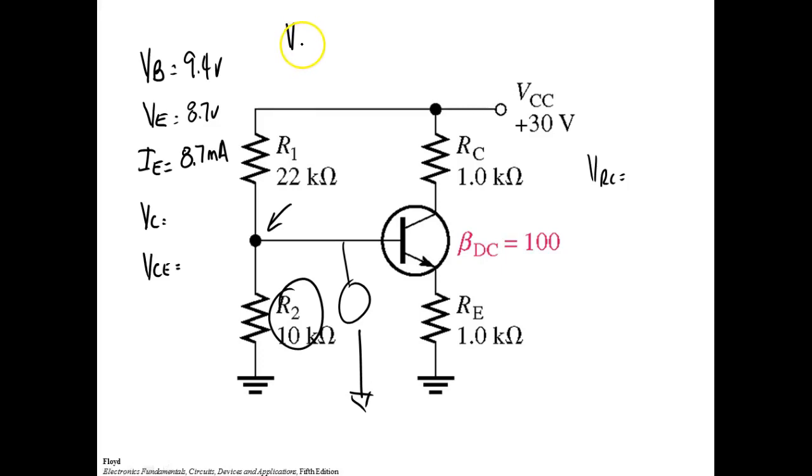So if I use the voltage divider formula, VR2 would be equal to the resistor I want to find the voltage drop across, divided by the total resistance, which would be 32K. And what's going to happen right off the bat? The K is going to cancel. And then I'm going to multiply that times 30 volts. When I do that formula, it gives me 9.4 volts, or 9.37 or something like that.